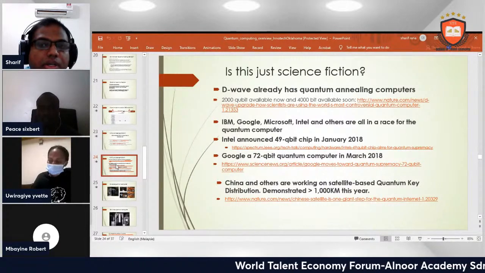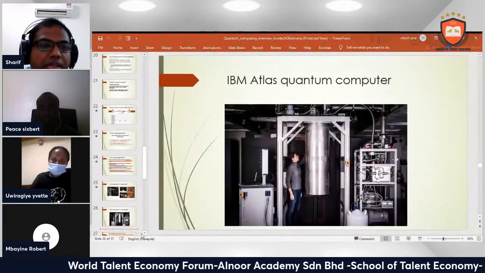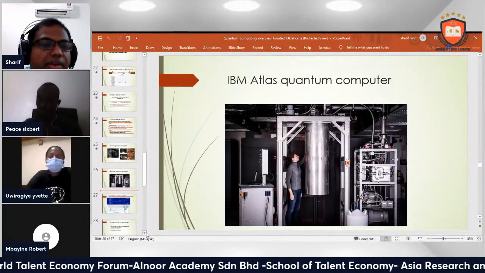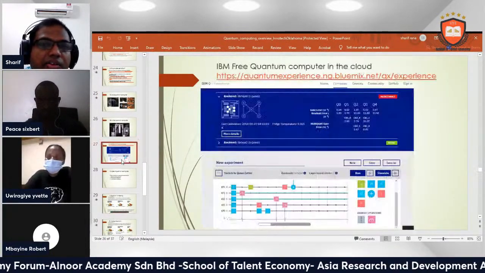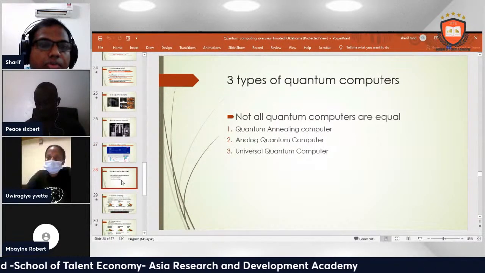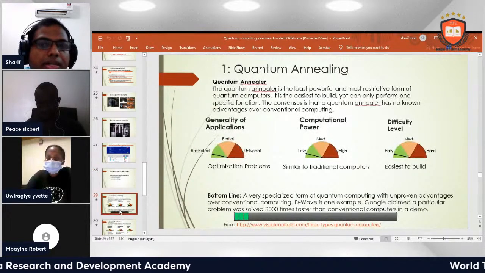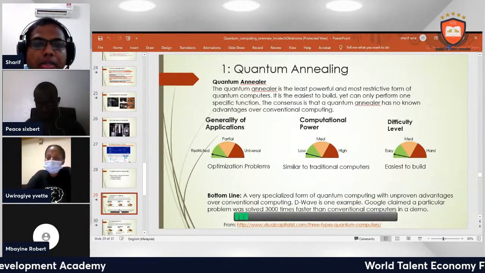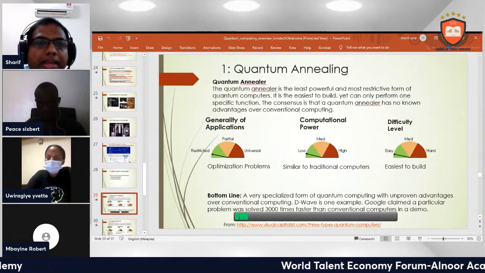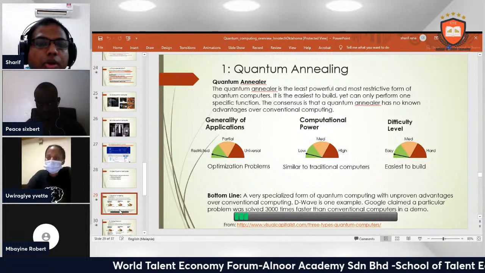D-Wave already has quantum annealing computing. This is very good and advanced research: quantum annealing computing, analog quantum computing, universal quantum computing. Quantum annealing. The quantum annealer is the least powerful and most restrictive form of quantum computer.